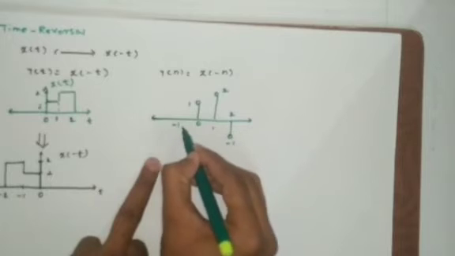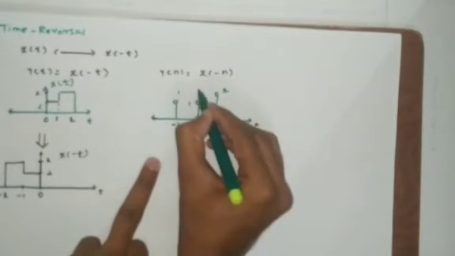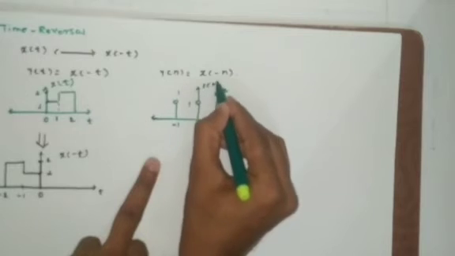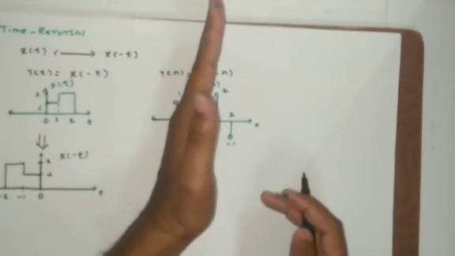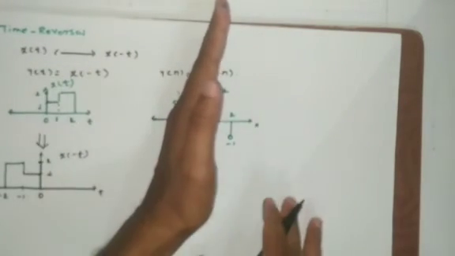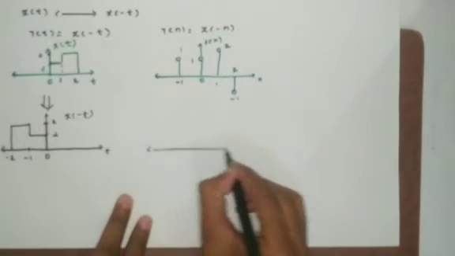Suppose for minus 1 the amplitude is 1, this is n, and this is our input discrete time signal x of n. Now we have to perform the time reversal operation. So just replacing or folding about n is equal to 0, we will get positive to negative, negative to positive.